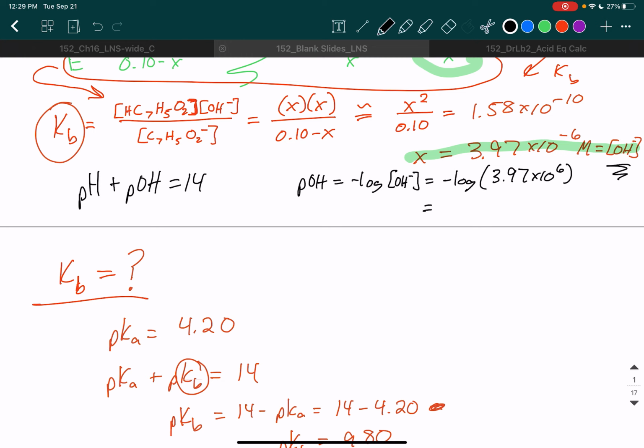And I think I did that. There it is, 5.4. 5.40. Oh, actually, I need another decimal. Dang it. Well, I don't have another decimal, so I should have another decimal there.